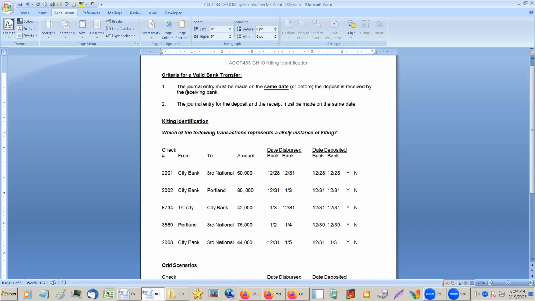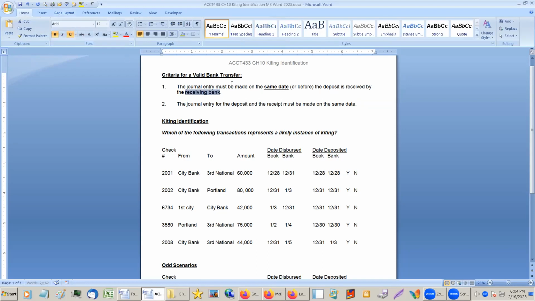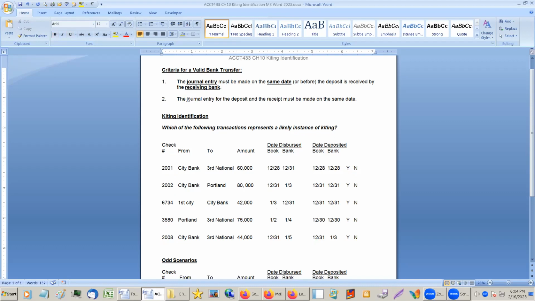All right, so the same day by the receiving date. The journal entry must be on the same date or before, and received by the receiving bank. And the journal entry for the deposit and the receipt must be made at the same time.